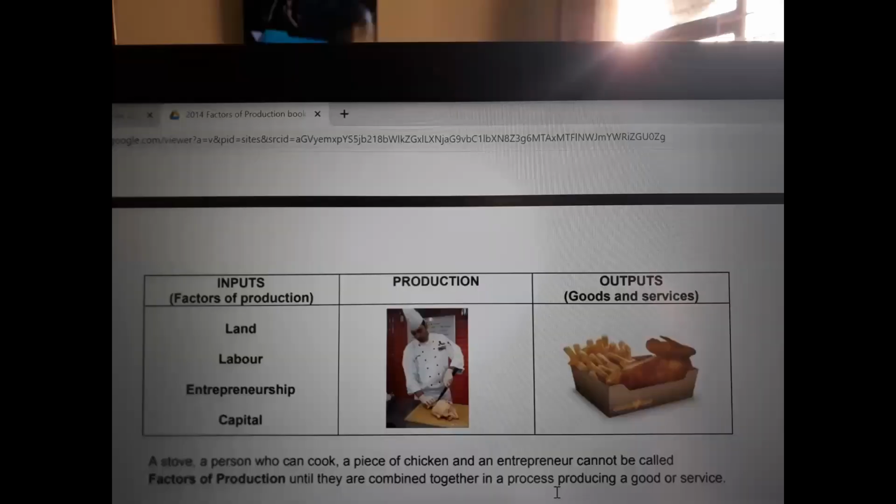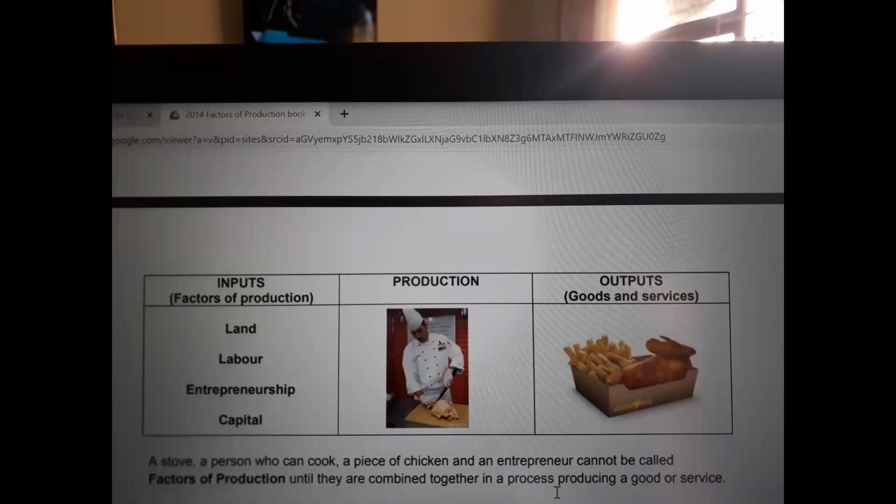Then the last part for today, you will see there, it's about the production factors. Now, we are still going to look at the whole topic about production factors, but remember, I said earlier that you're going to have an informal assessment next week, and this is definitely going to be one of the questions in that informal assessment, so I'm just going to touch on it very quickly.